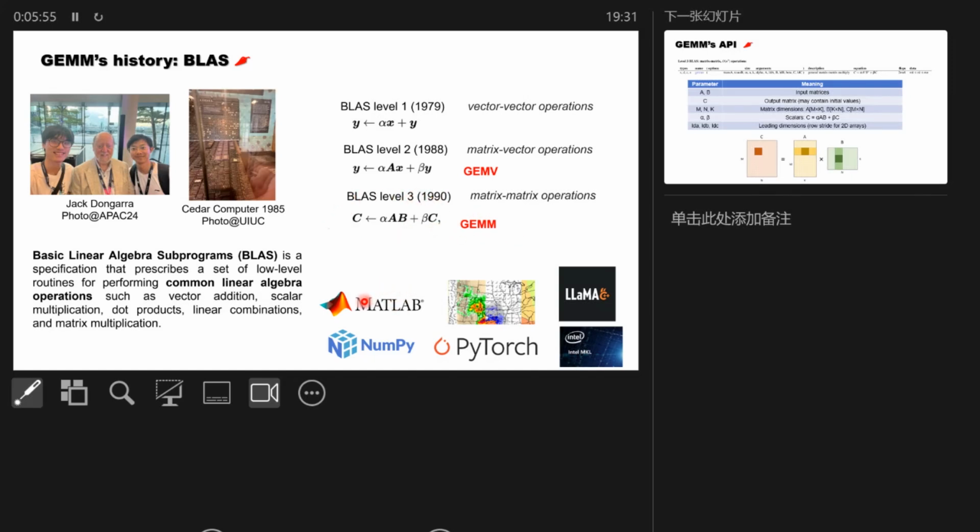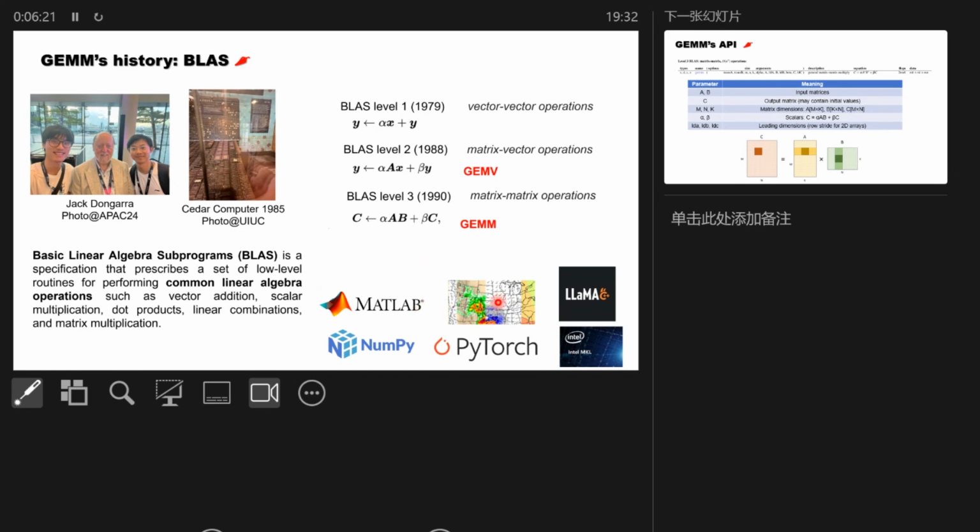Nowadays, BLAS has become the fundamental middleware inside many software packages, like MATLAB, as we learned before. MATLAB was built on the BLAS library. When you compute tensor or matrix multiplication, you will use the BLAS library.